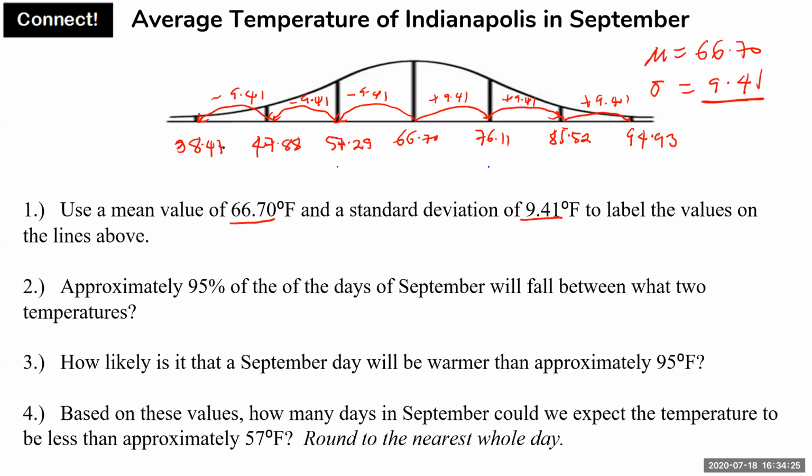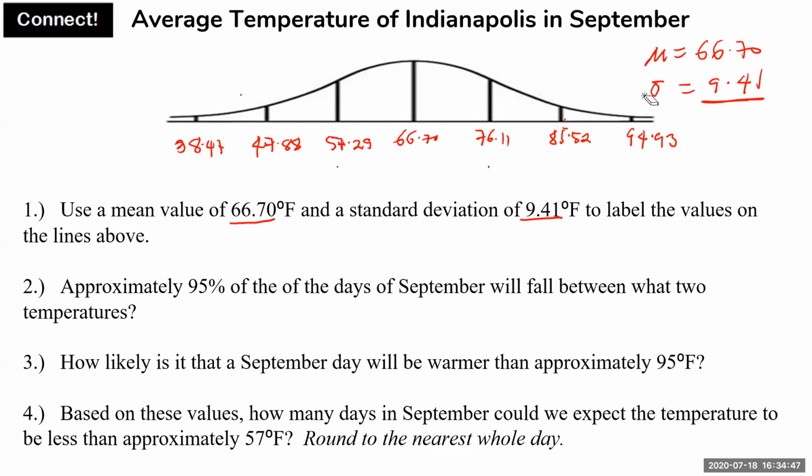Okay. You are almost done. So that is what you have to do to complete the table. It says use the mean and standard deviation to label the values on the lines above. And that is it.